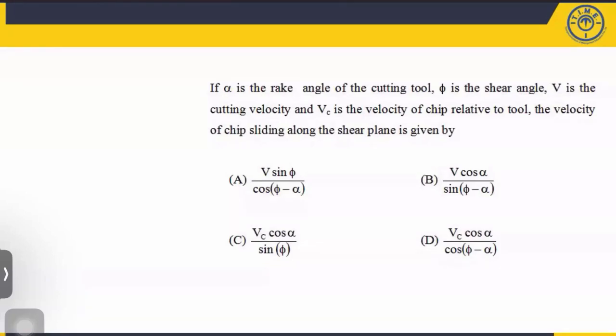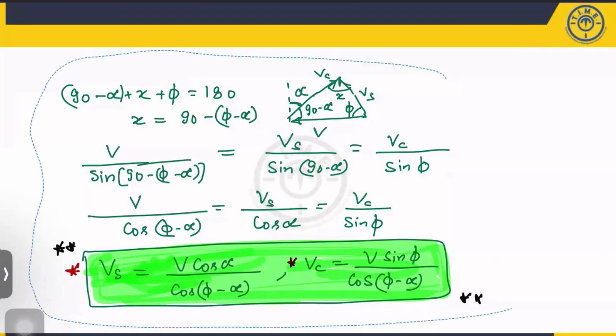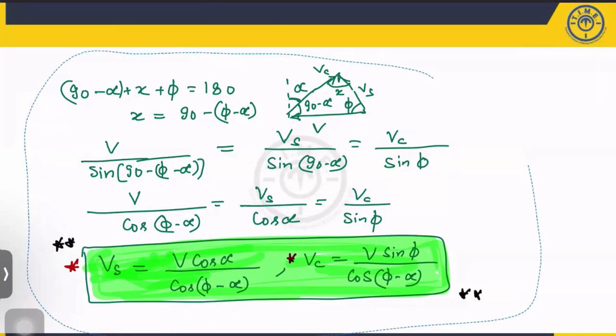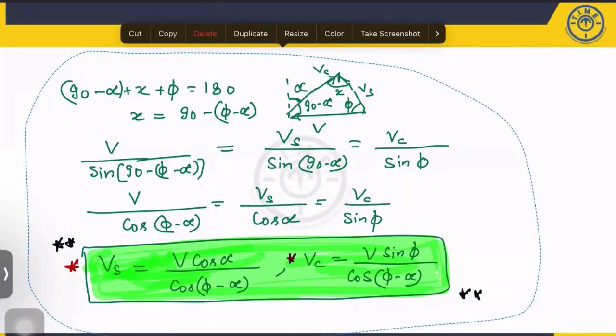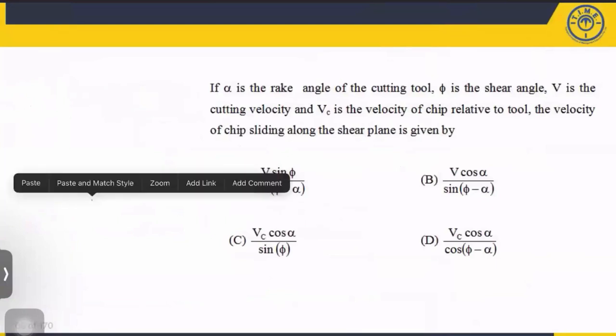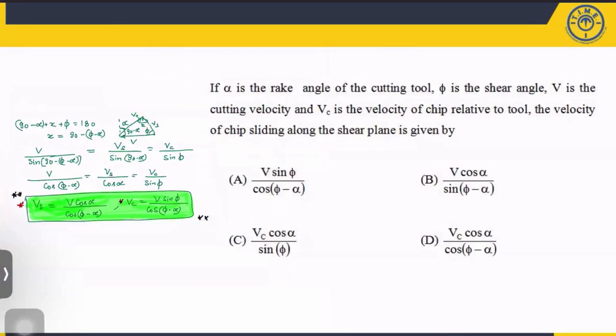So if you want a hint, just see this particular relation. Otherwise, one thing I will do. I will take this particular one. At least now you can tell me the correct answer.